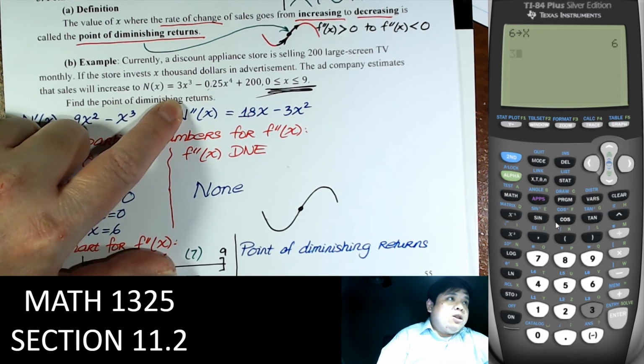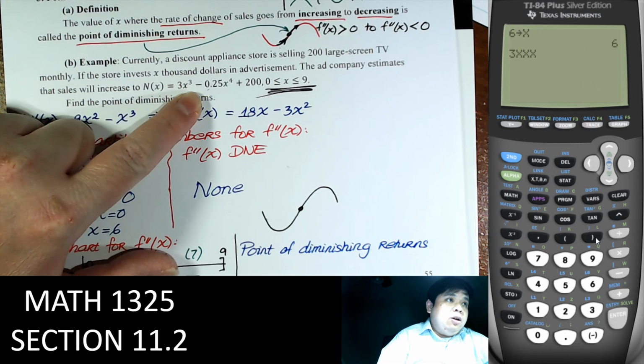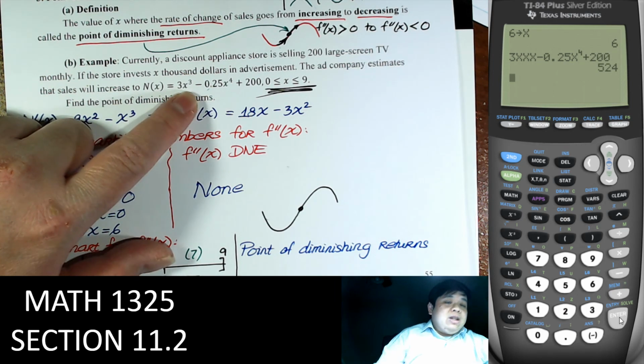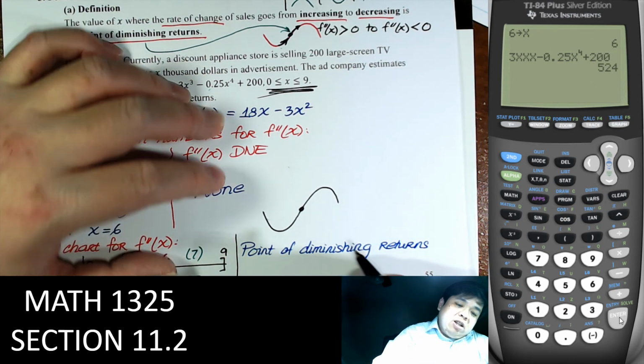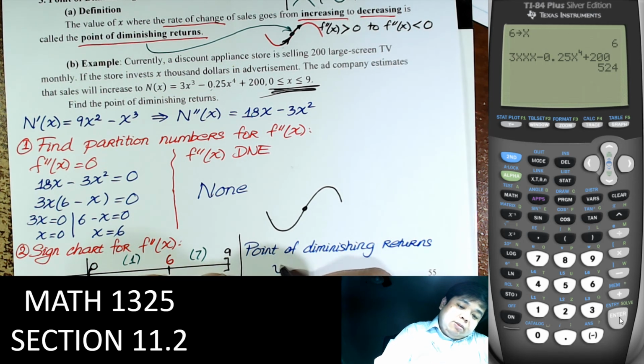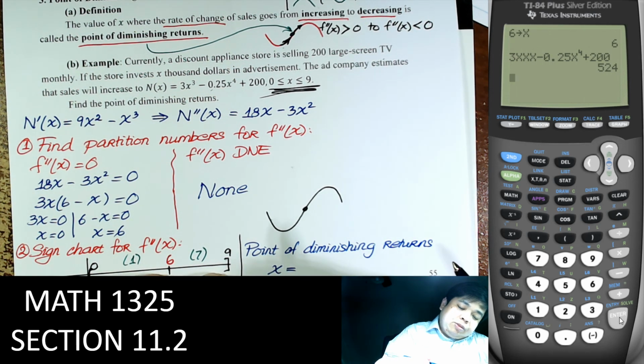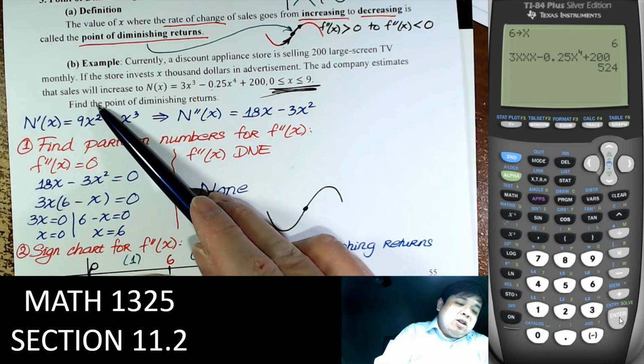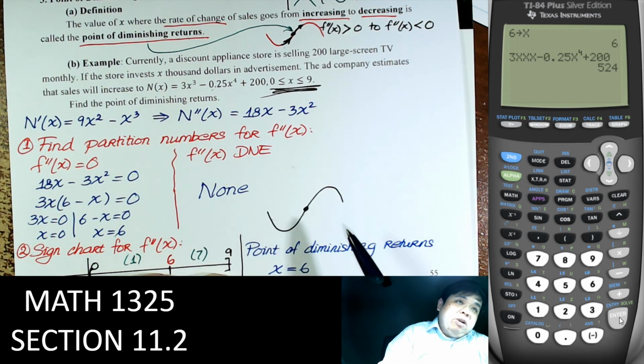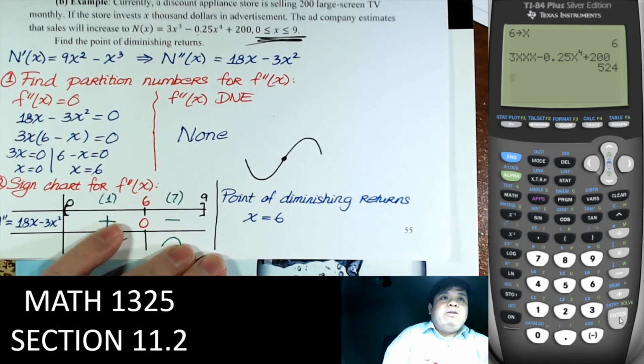Now we have 3x cubed minus 0.25x to the 4th plus 200. Right, that's 524. So the point of diminishing return is x equal to 6, in this case $6,000, and the estimated sales will be 524 flat screen TVs.